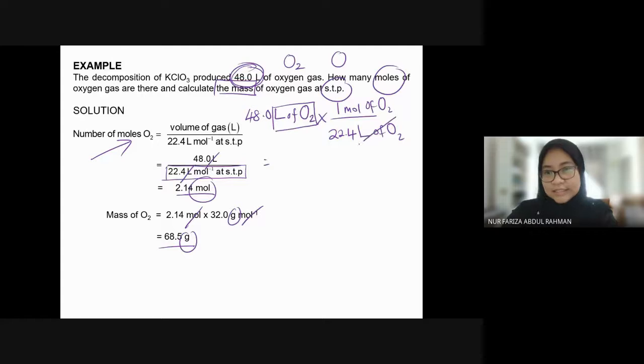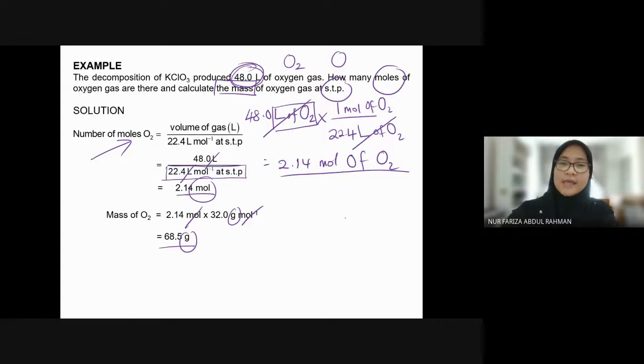So calculate. This liter of oxygen will be cancelled out and then we will end up with mole. So it is 2.14 mole of oxygen. See? Complete. And then you can carry on straight away, but the question is asking for mole and mass. Next step, this will be the mole for the gas.